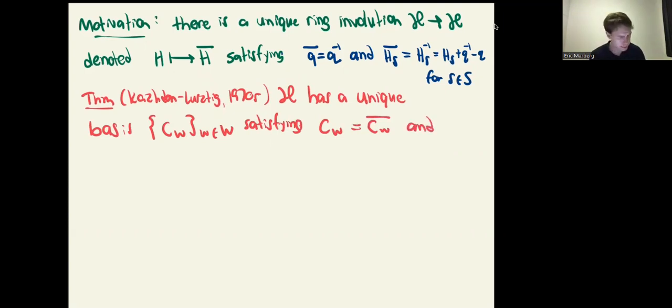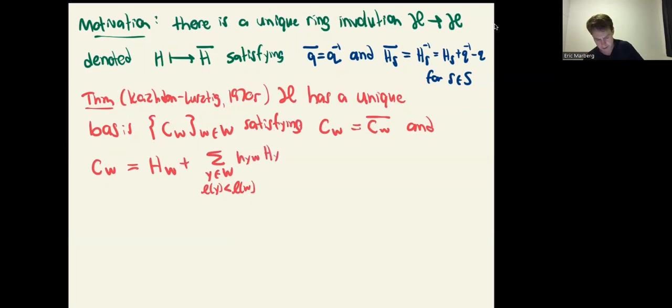And it also holds that C_W can be written as H_W plus the sum over all Y in W with the length of Y less than the length of W of h_YW H_Y for some polynomials h_YW. And the key thing about these polynomials is that they have no constant term and they only involve negative powers of Q.